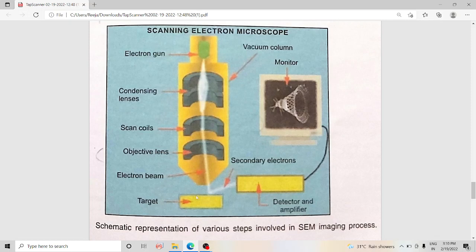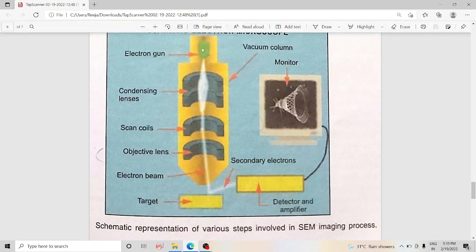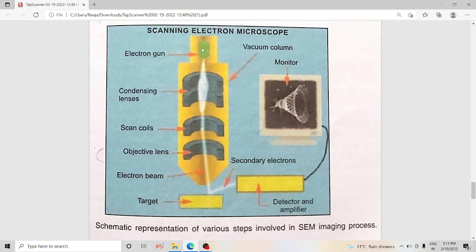The target is placed in the microscope's vacuum column through an airtight door. That is, the sample holding container will be vacuum tight, and we open the door and insert the sample. An electron gun at the top emits the high energy electron beam. The electron beam travels through a series of magnetic lenses to form a very fine spot.